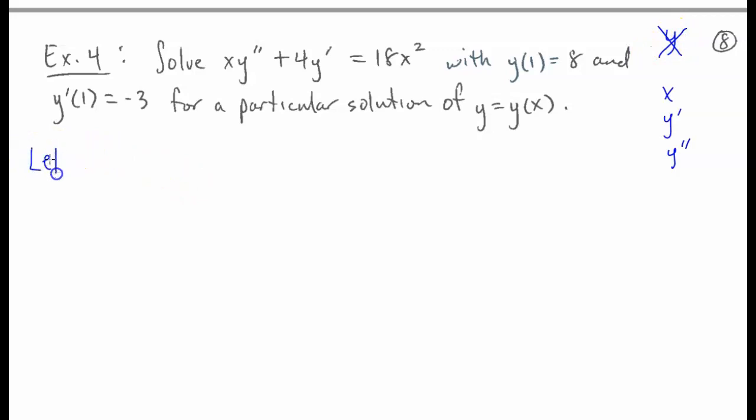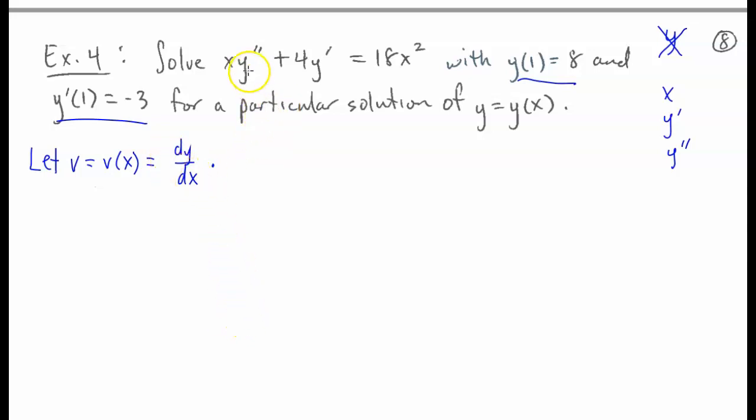So because of that, we let v be a function of x, and we define v to be the derivative of y with respect to x, okay? All right, so we know that we have this equation here, and notice here that we have two initial conditions. So those integration constants that we've been seeing before, we actually have the information now to be able to find out what they are explicitly.